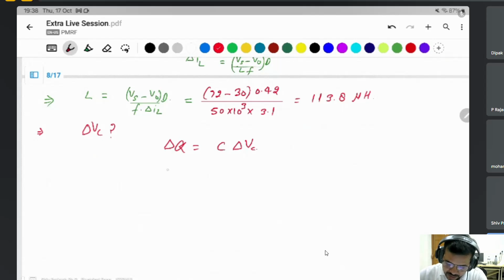Delta Vc is equal to delta Q by C. Delta Q means the change in charge of a capacitor. The capacitor will be charged when current is positive, and it will discharge when current is negative. The change is taken between them, as a positive or negative of the capacitor current.